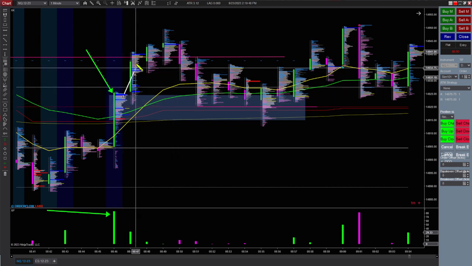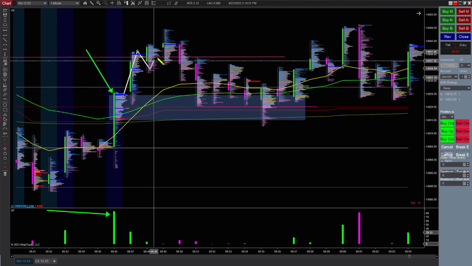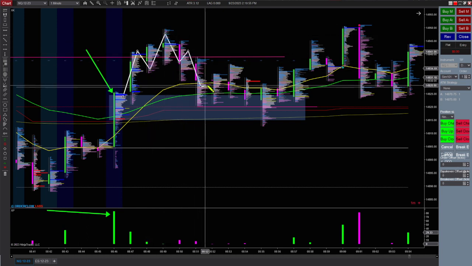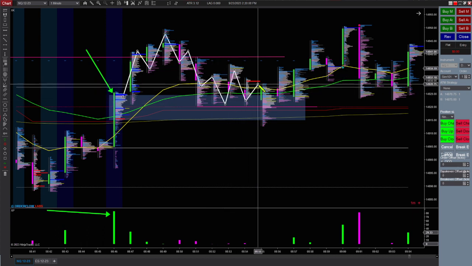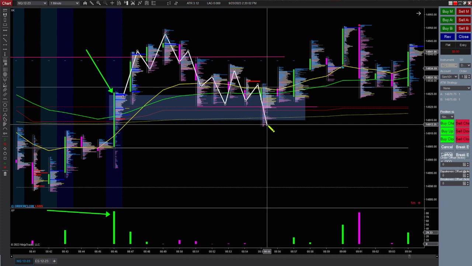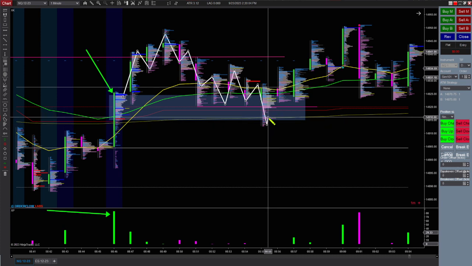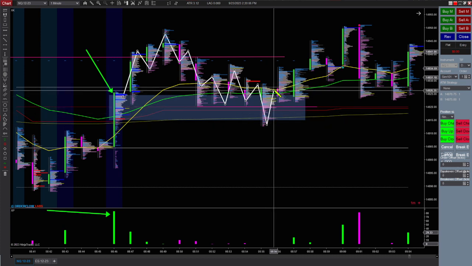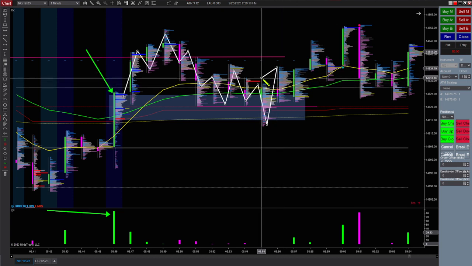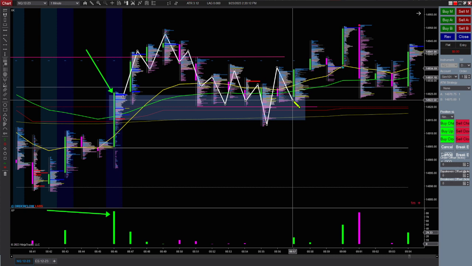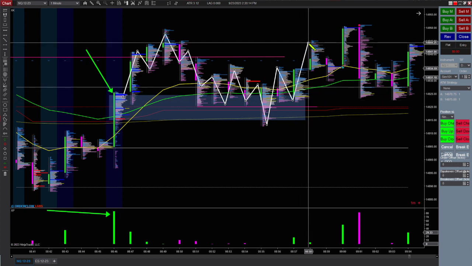So as price moved higher, building volume, finally coming back down, and then right here, it sweeps down, but it does not stay down there. It immediately comes right back, breaks this candle's high, and then comes back down to continue higher.